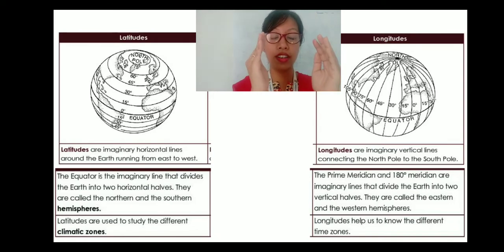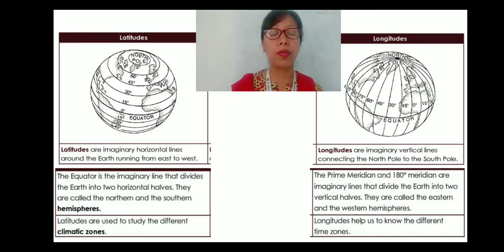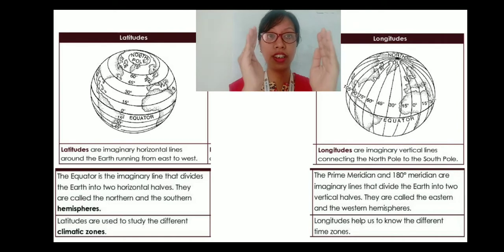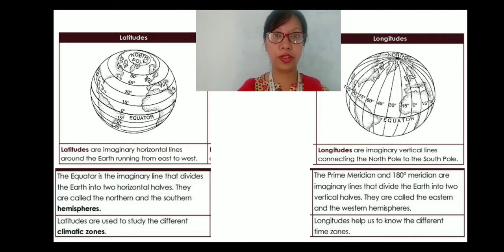So the meridian runs from the North Pole to the South Pole, dividing the earth into two halves, that is the Eastern Hemisphere and the Western Hemisphere.